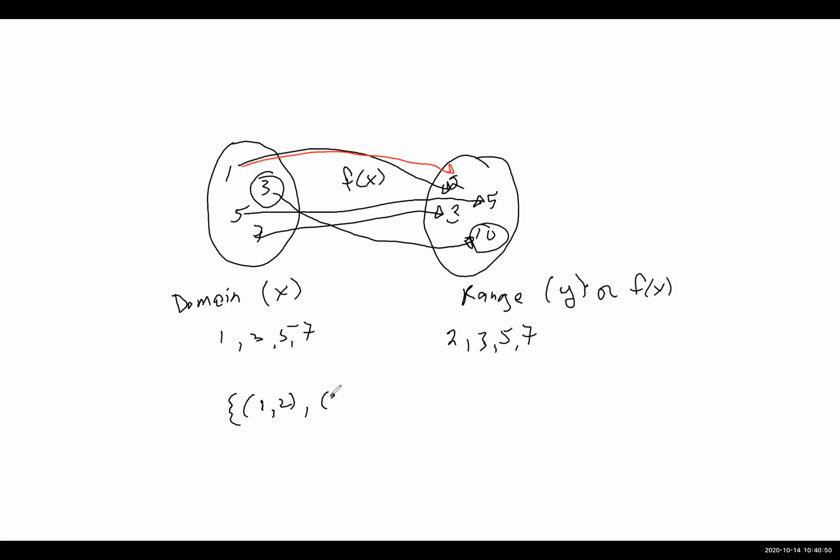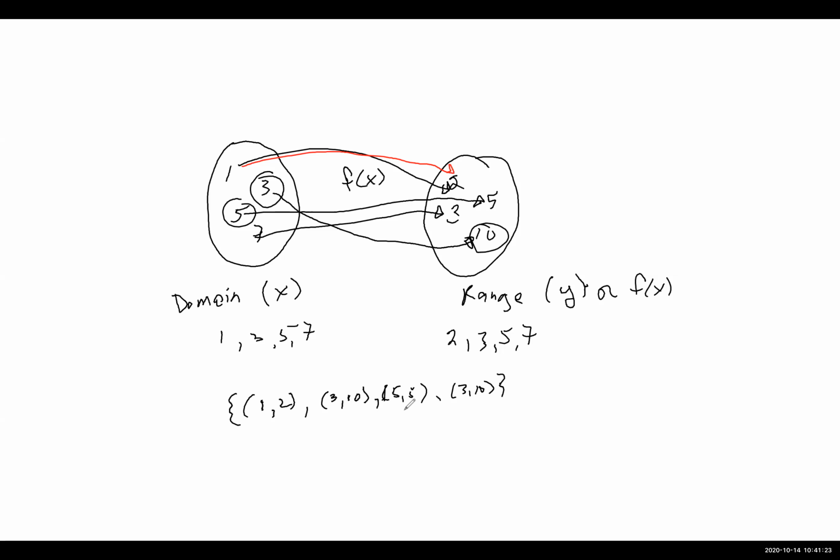So the 3 is matched with 10. And you can also look at these as x's and y's if you want to. The value 3 is an x, and when you plug that into your function, 10 comes spitting out. The 5 goes to the 5.